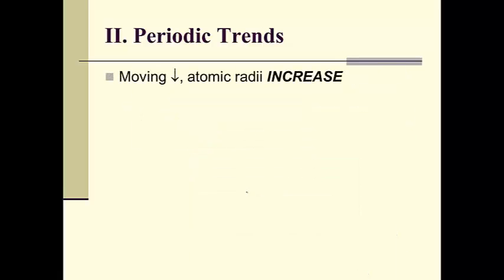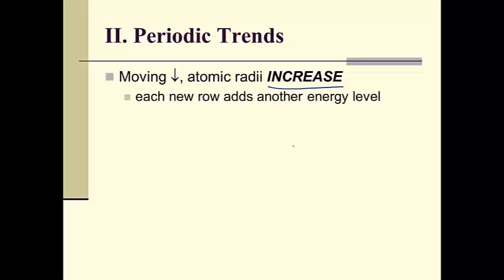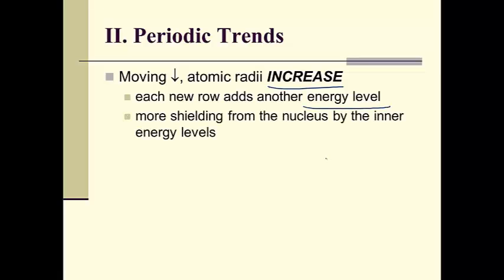Okay, now moving down, atomic radii will increase, and this should be simple because don't forget, every time you drop down one more row, you add one more energy level. Because you're adding more energy levels, there's more shielding from the nucleus. It's like your signal, your attractive force, has to go through more walls.